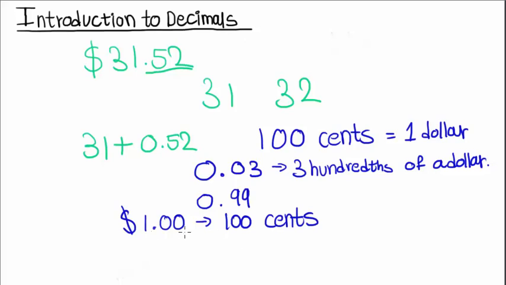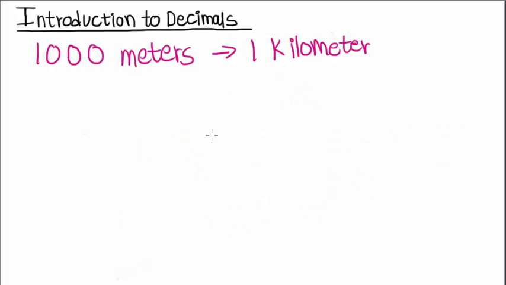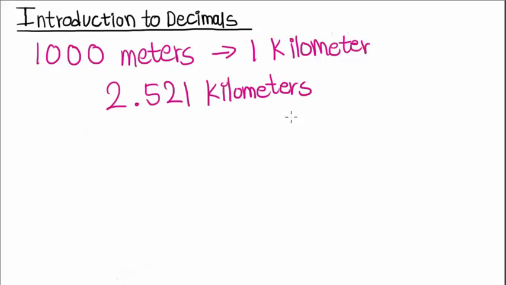Now, different decimals and different place values of decimals are used in different cases. For example, if you're dealing with the conversion between meters and kilometers, you have 1,000 meters equaling 1 kilometer. So what this really tells me is that if I have something such as 2.521 kilometers of some sort of a distance, then this is the same thing as saying 2 kilometers plus an additional 0.521 kilometers.